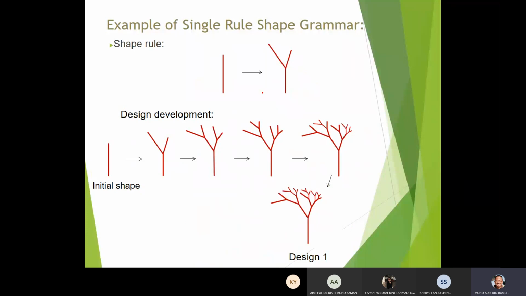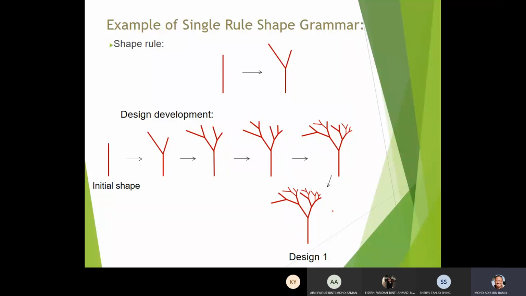But if you have this kind of rule, because you are the one who determines the rule, how you want to arrange the shape, maybe it's only interesting when you create the three branches like this, the tree trunk and branches. So it's kind of interesting how using this one rule, when you keep applying the rule again and again, you end up with this pattern or this shape in design number 1.